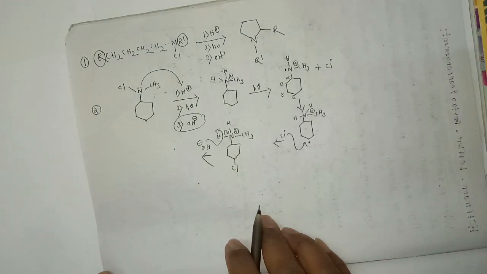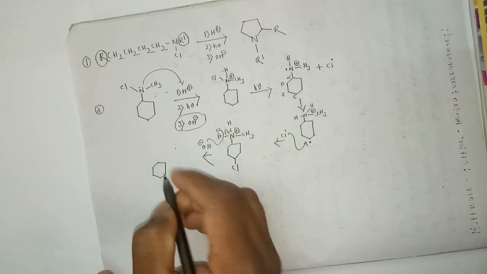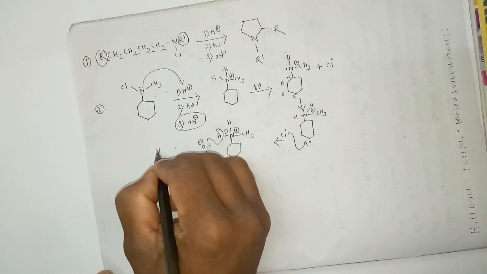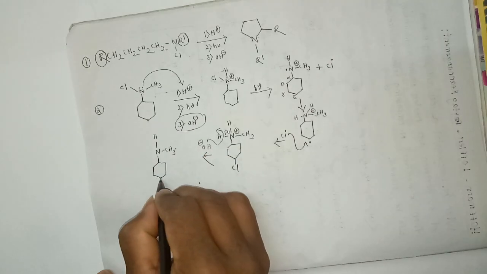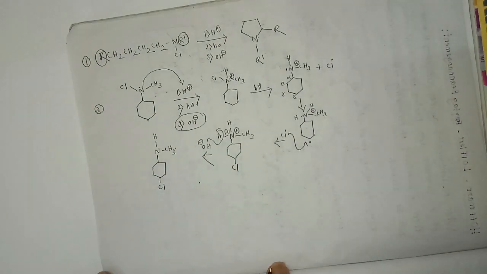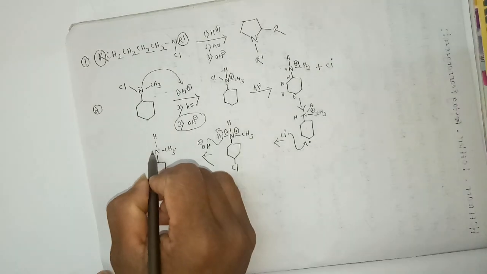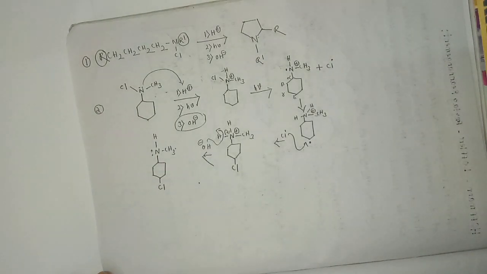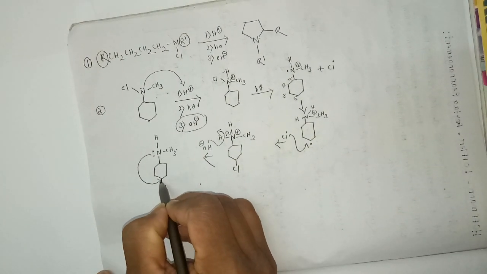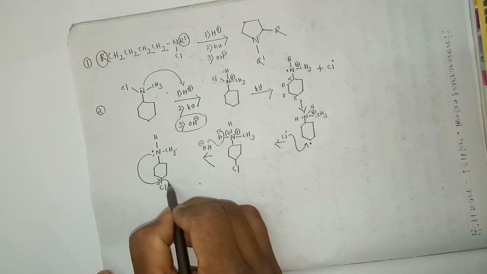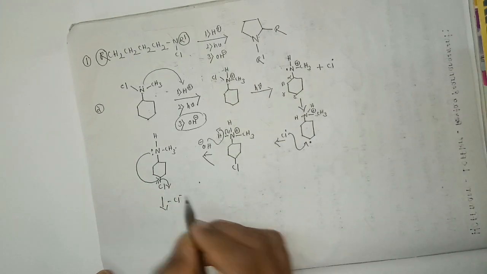Then we get nitrogen, hydrogen, this methyl group and this chlorine atom. Nitrogen has a lone pair of electrons. This lone pair of electrons will attack this side and this chlorine atom will be removed.